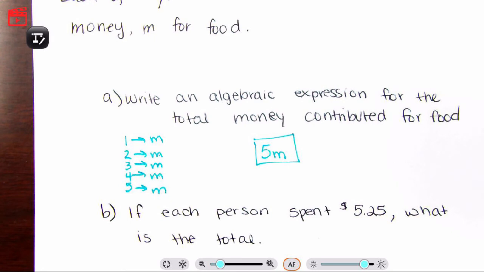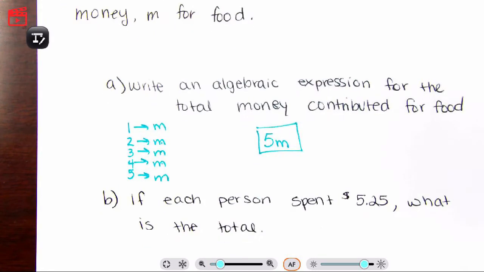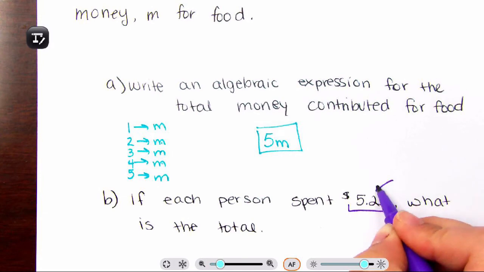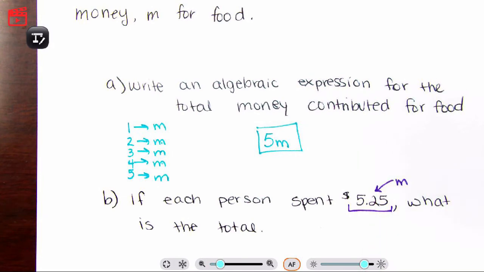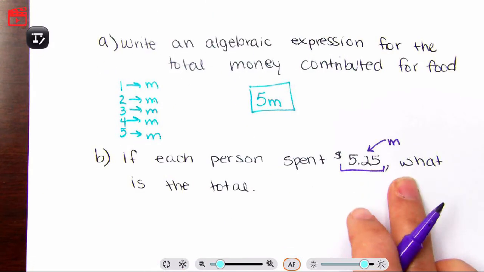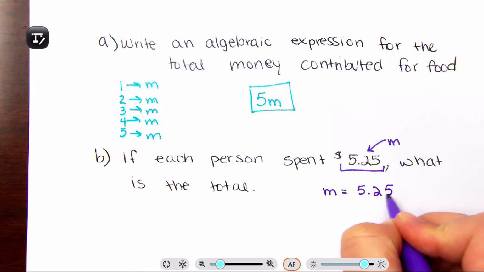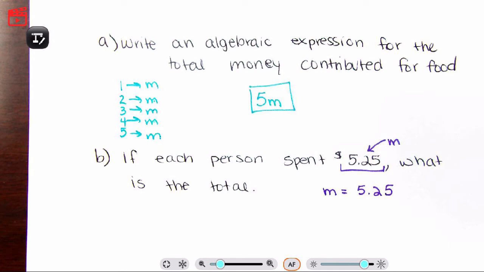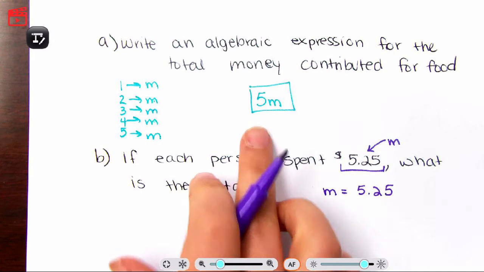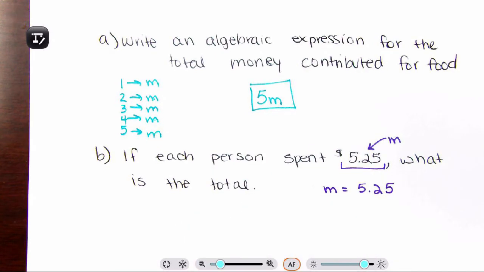So if each person spent $5.25, so that is now your M, what is the total? By them saying this, they're saying M is equal to 5.25, and they want you to substitute, they want you to evaluate your expression. Well, let's do that.